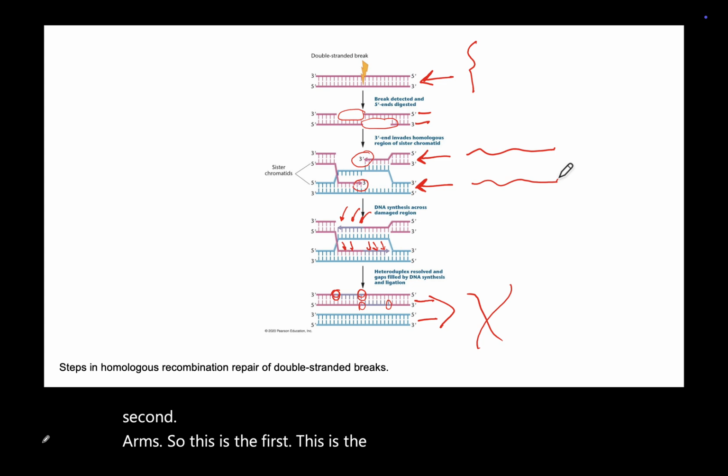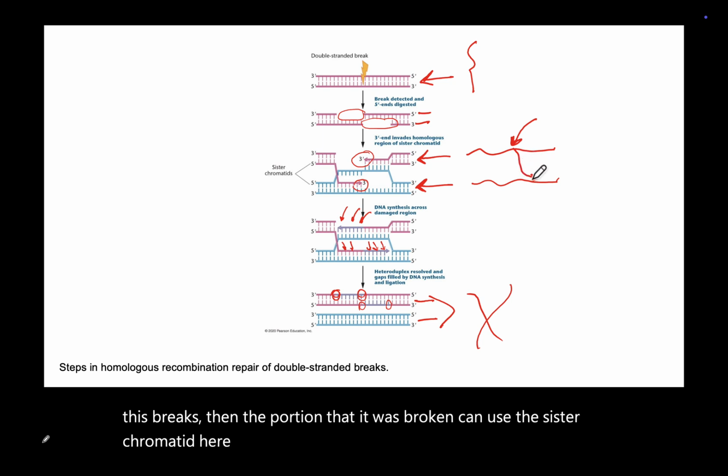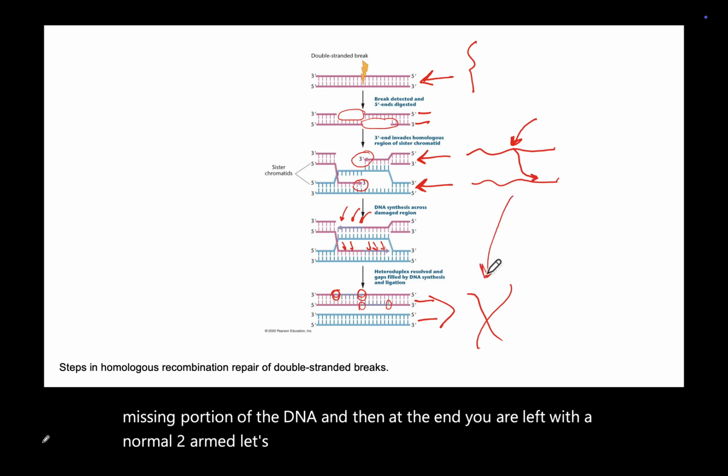What happens is that if this breaks, then the portion that it was broken can use the sister chromatid here as a template to recompose, to manufacture that missing portion of the DNA. And then at the end, you are left with a normal 2-armed, let's put this way, chromosome.